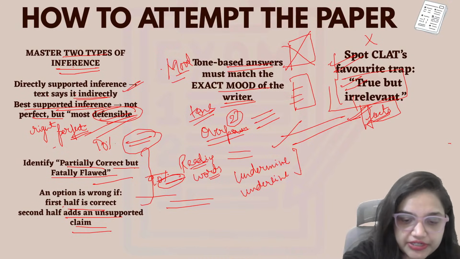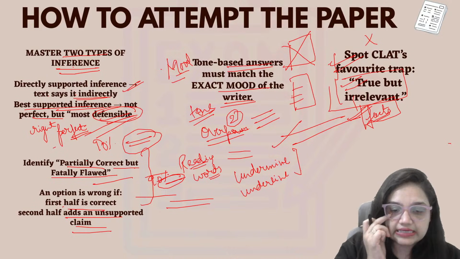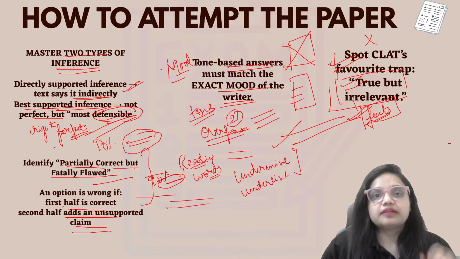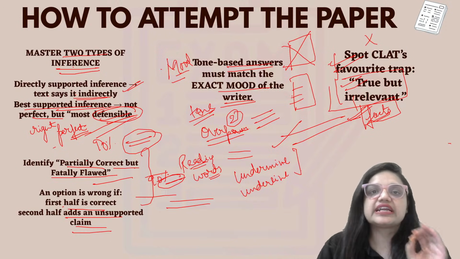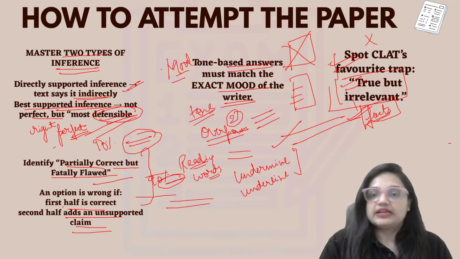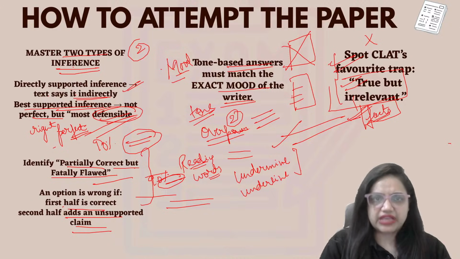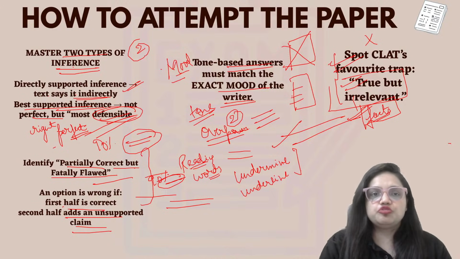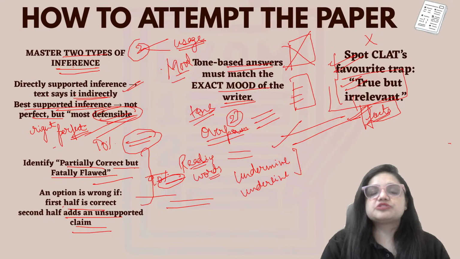Ma'am, my vocabulary is pretty good, and most of the time I know the meaning of the word, but I still get it wrong. I eliminate two options and then try to go through the line. I guess, Nandira, yes, it might be that you are not understanding the flow of the passage, you are not understanding the usage of the word. See, sometimes a word has two meanings, right? Many times a single word has two meanings, but it depends upon the usage.